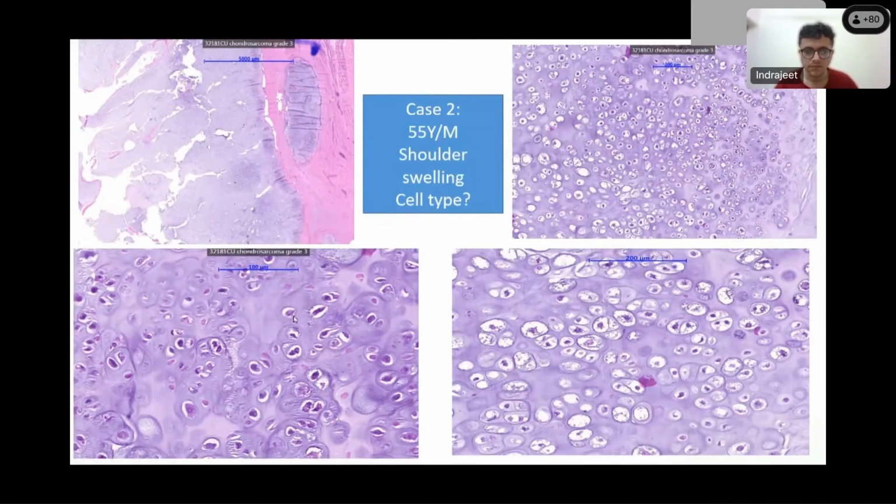Yes, ma'am. As sir rightly said, on MRI, it looks like a chondroblastic tumor. As we can see on the HE stain, it is clearly a chondroblastic tumor, with no doubt about that.